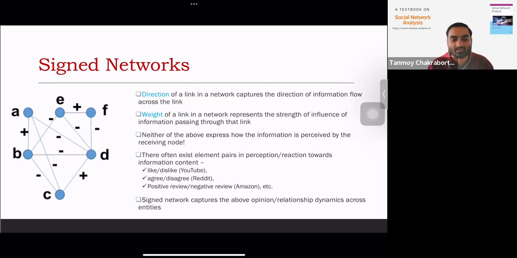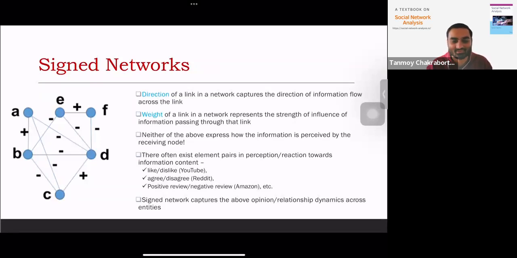Depending upon the application, you can also think of another sign, which is a neutral sign: positive, negative, and neutral. The neutral sign indicates that you do not know about that person, but in general we consider these two types of signs. In certain networks the signs are explicit, but in other networks they are not. For example, say, again, the citation network, because this is one of my favorite networks.